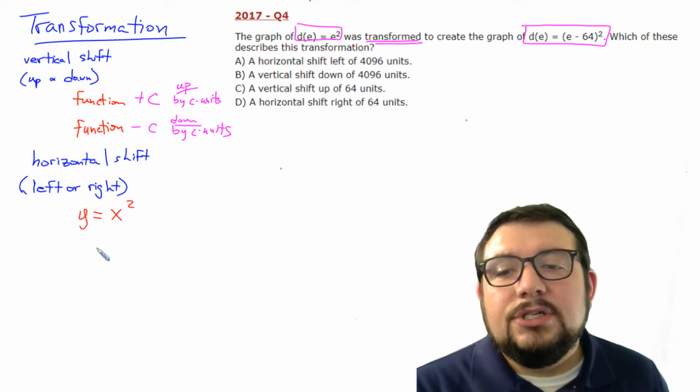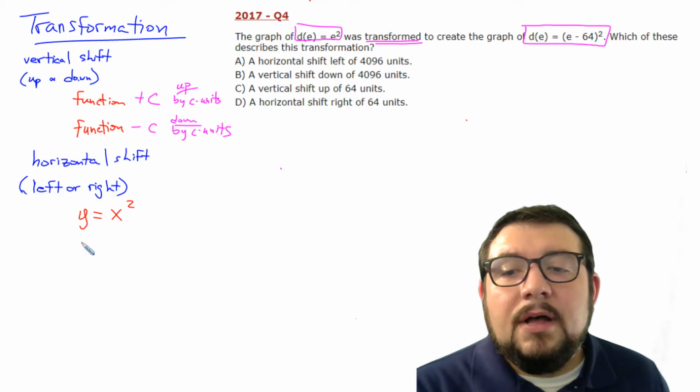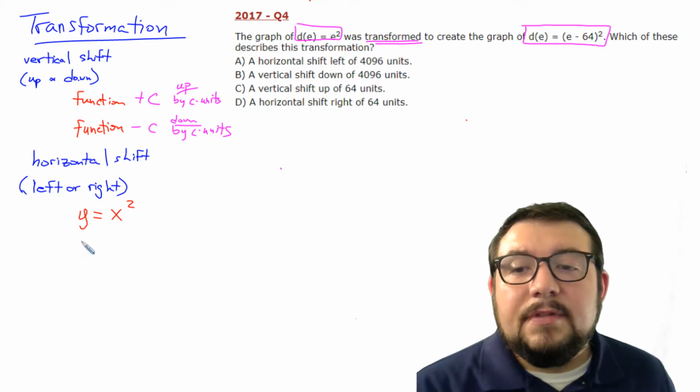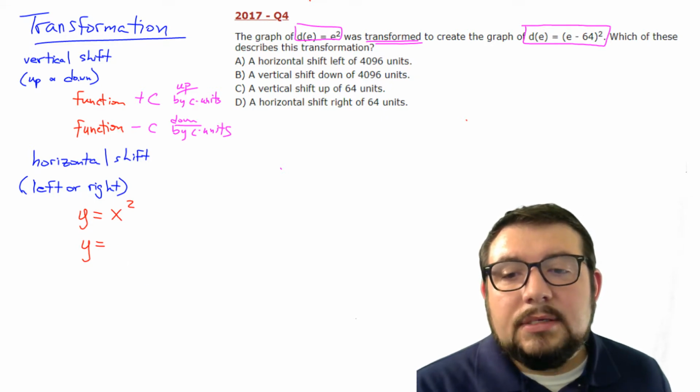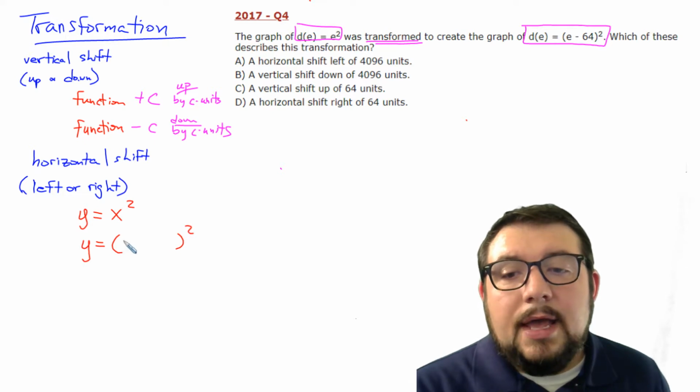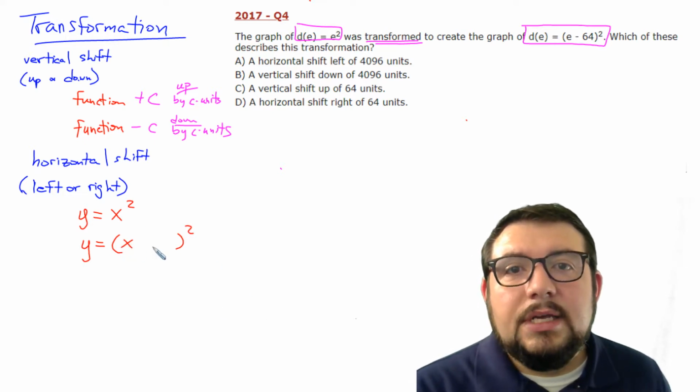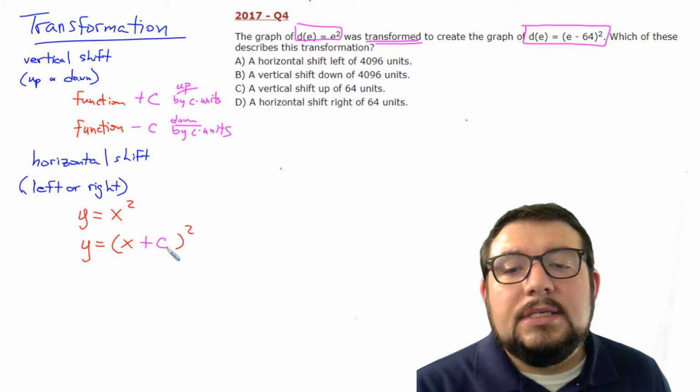That's a very basic function. Well, if I want to move it to the left, this is how I do it. I replace the letter x with some parentheses. The x returns inside the parentheses, but now to move it to the left, I'm going to put plus c.